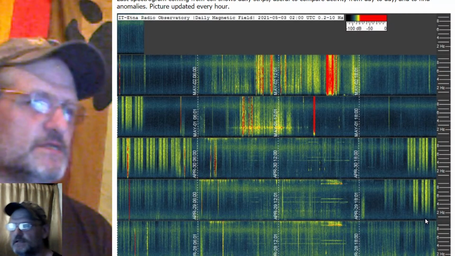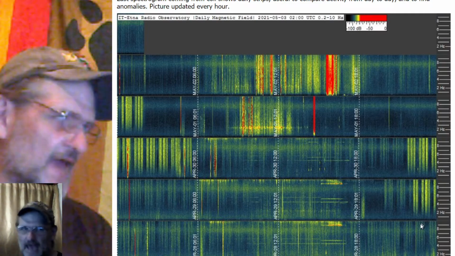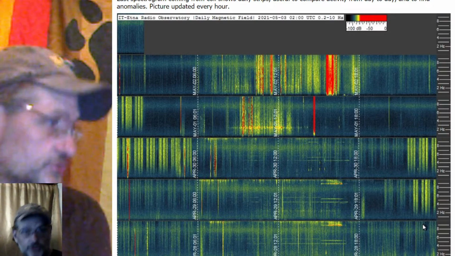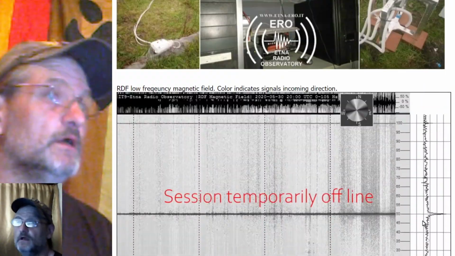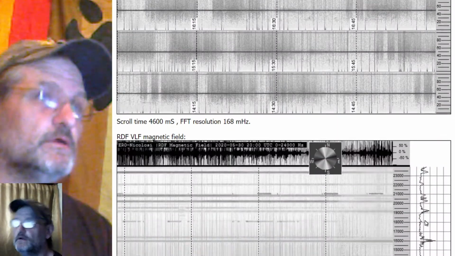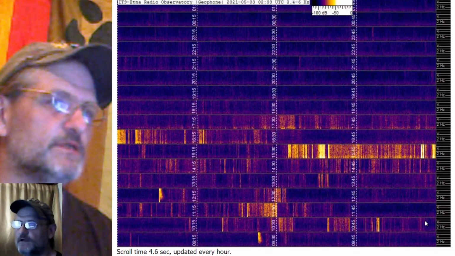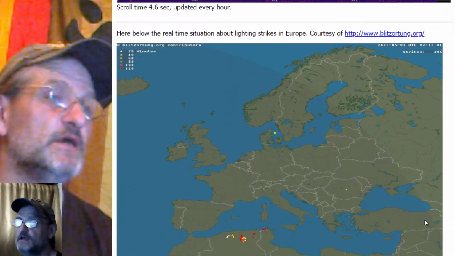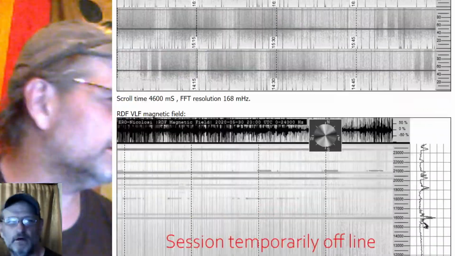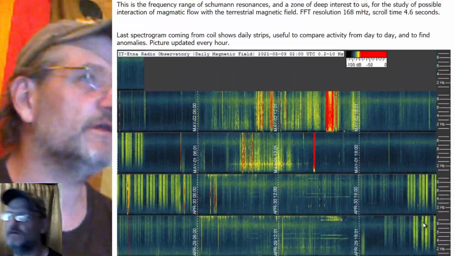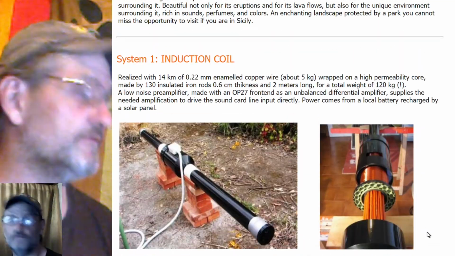They're reading different information, but I'm just giving you a familiarity of Etna, which is on the other side of the country in Italy, and what's happening. All right, temporarily offline. This is the geophone sensor. You see how active it is, and Etna has been having a lot of volcanic activity over there recently. So if you're interested in Etna, I have this on the website.